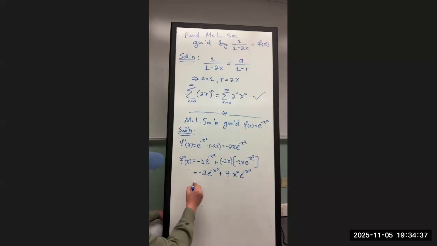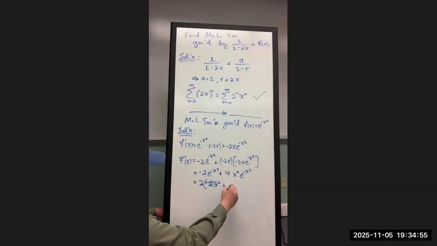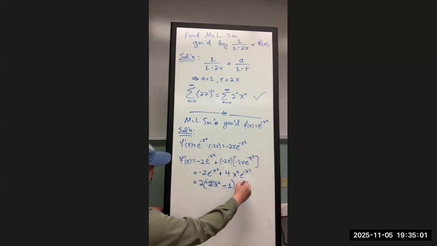Yikes, right? And what can we do? We can factor that. So we can factor out a 2, and we'll have 2x squared minus 1, sorry, e to the negative x squared.